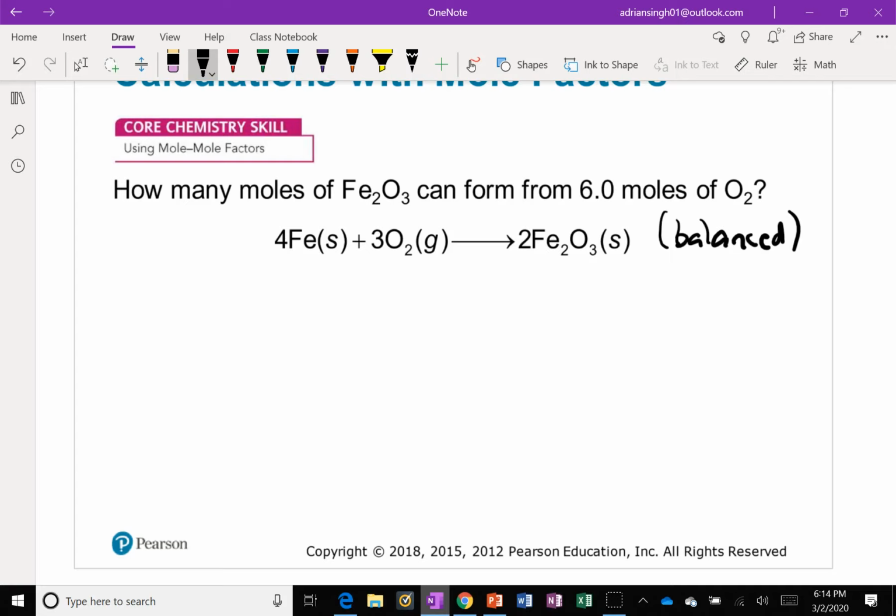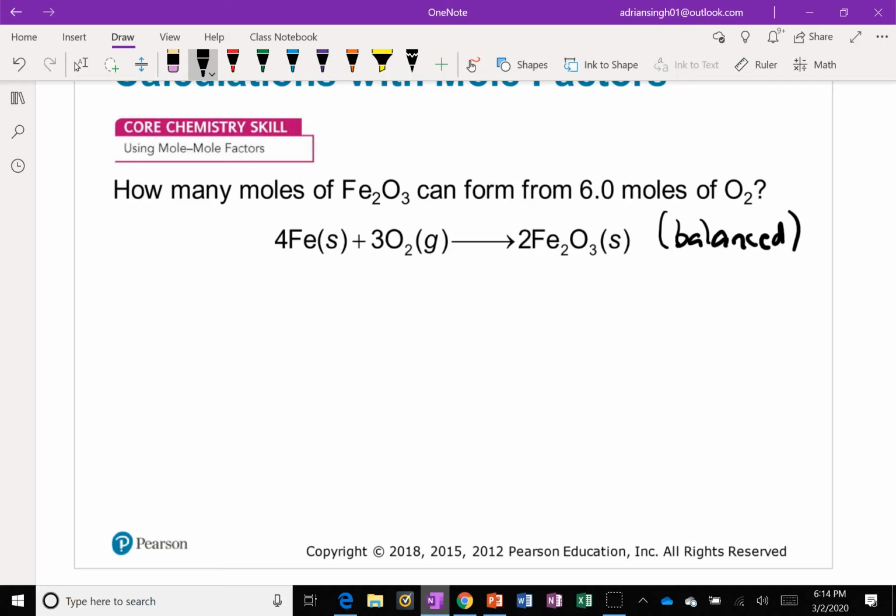You need to be relatively proficient when it comes to balancing equations. It shouldn't take you more than a minute to balance this. This is a relatively simple equation to balance. If you find yourself spending a lot of time on something like that, you have to practice a lot.